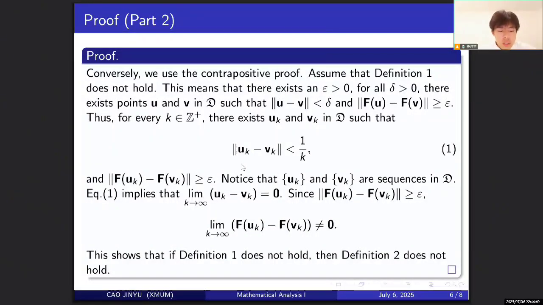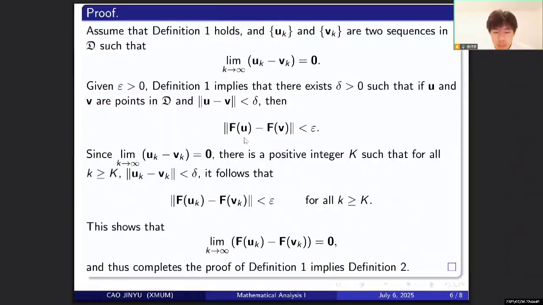Now let's see the ideas behind the whole proof. For the first part of the proof, we should bear in mind that the same delta controls all the pairs uk, vk once the norm of uk minus vk is sufficiently small.